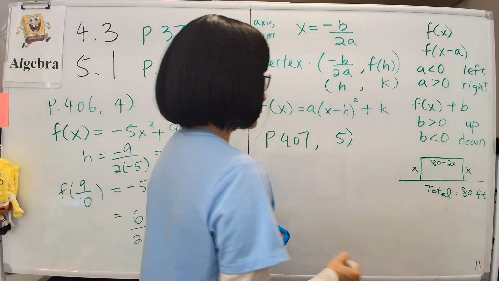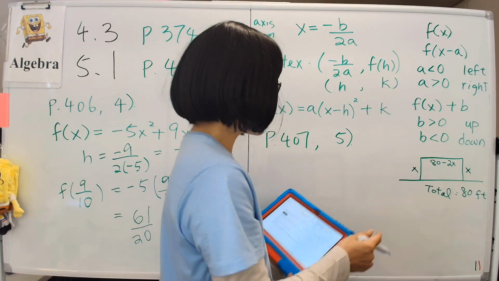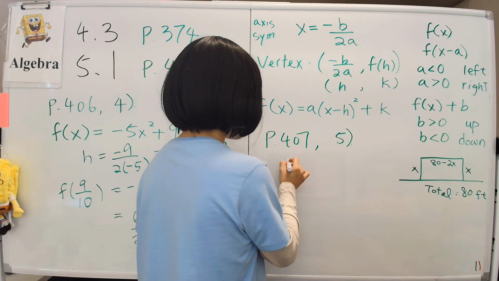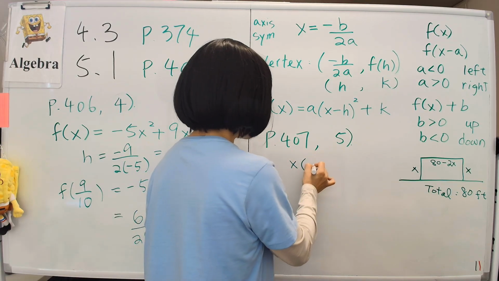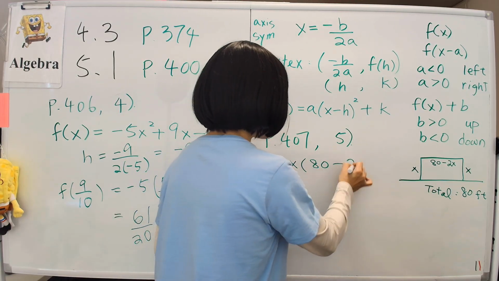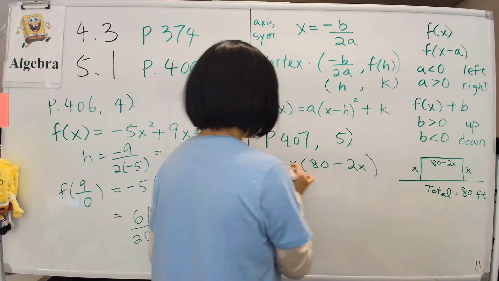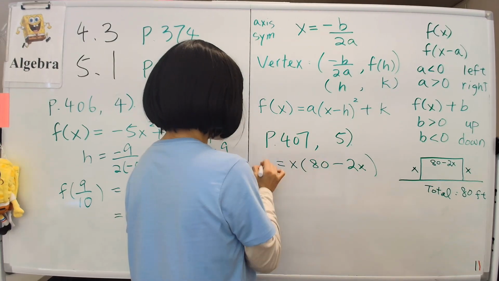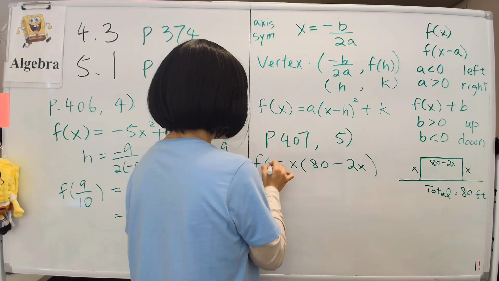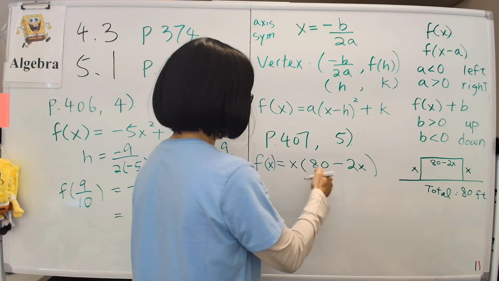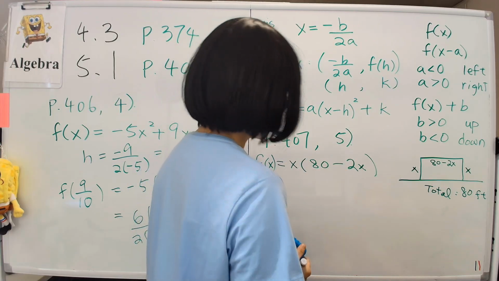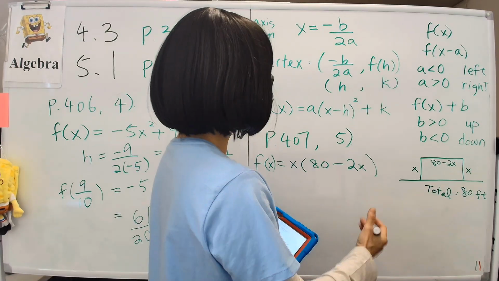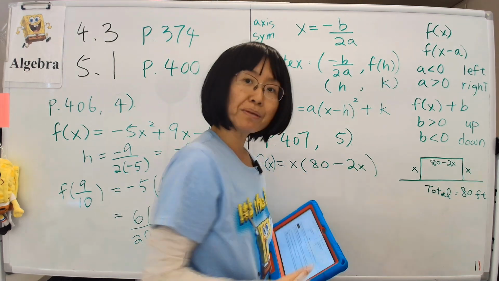All right, so then the area of this is x times 80 minus 2x, length times width, which is our function, and we want to choose x in such a way that this area will be maximum.